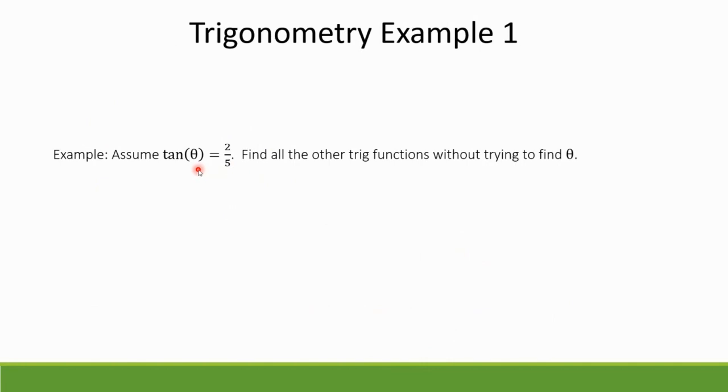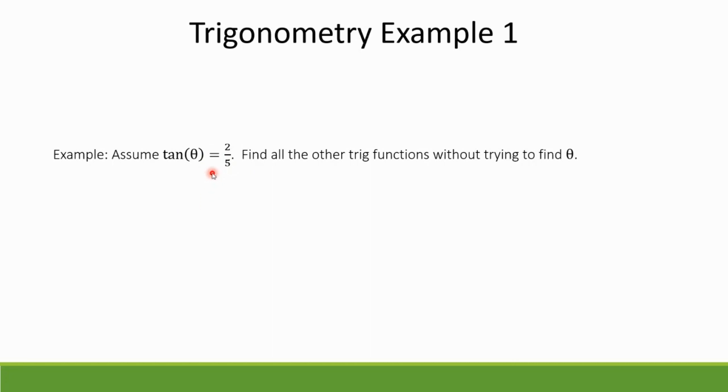Let's assume tangent of theta is 2/5. I didn't write this down, but we're assuming as well that theta is between 0 and 90 degrees. I didn't go over in this class how to find the trig functions for negative angles or angles greater than 90 degrees.